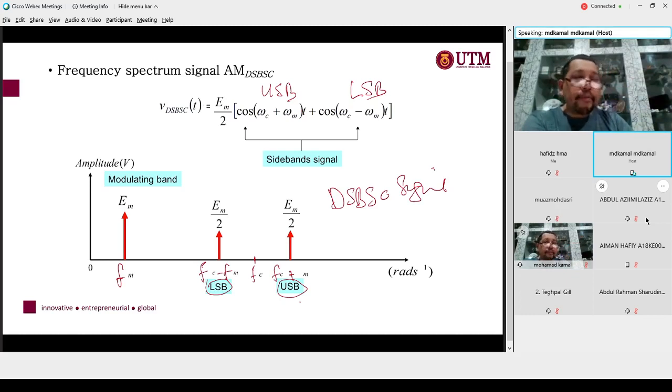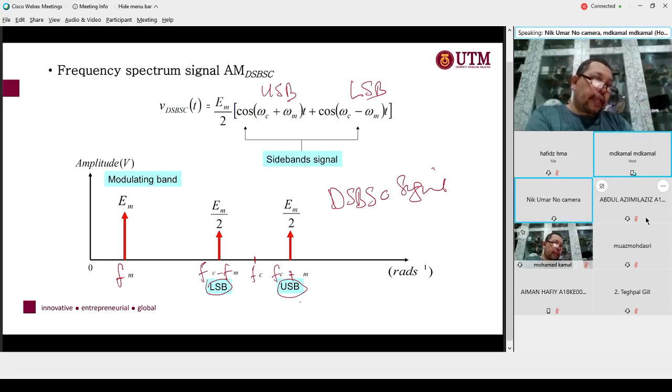Shouldn't the x-axis be omega? Yes, if it is radian per second, it is supposed to be omega. If I change to hertz, it is the same thing. If you talk about radian per second, this is omega.